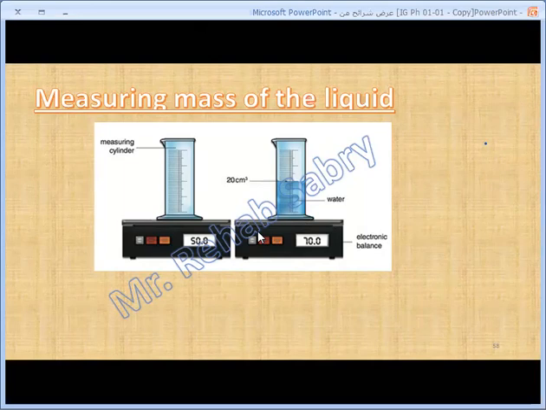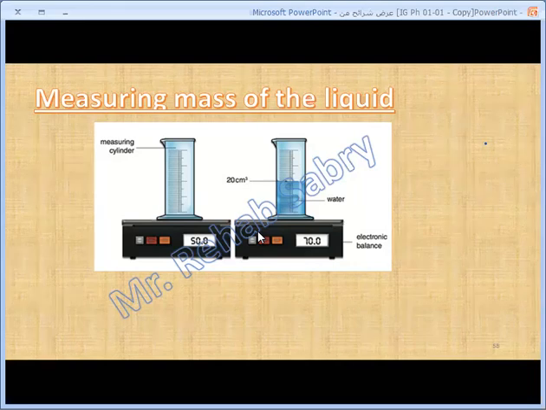So what will we do in this case? We need a container. But this container has a mass, Mister, so it will give me a wrong reading.